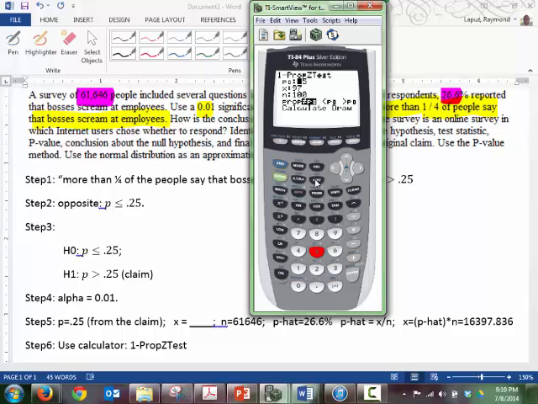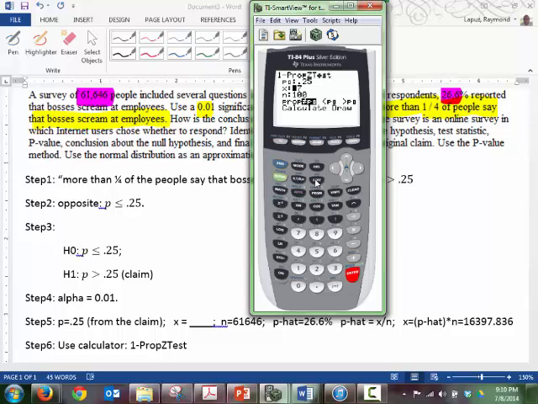What's our p naught? Remember, p naught is whatever the claim was, right? Or the null or alternative hypothesis, that number. So 0.25.